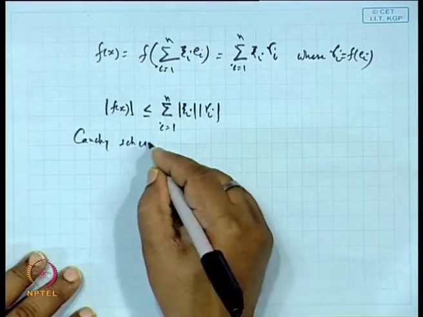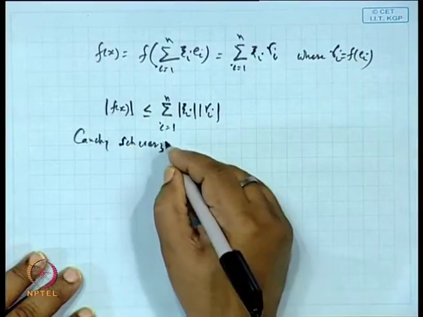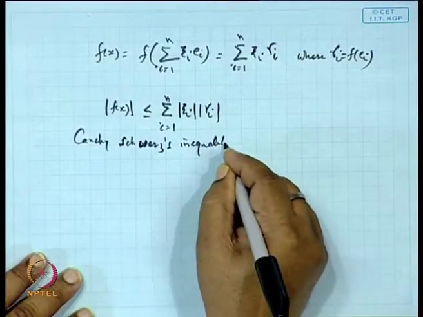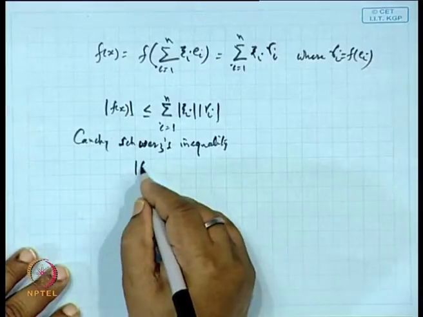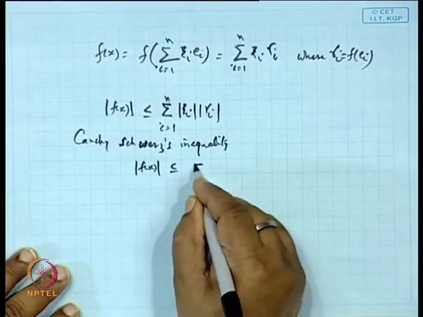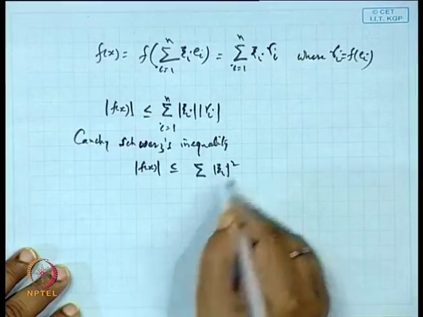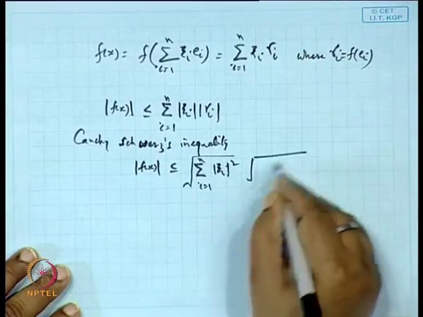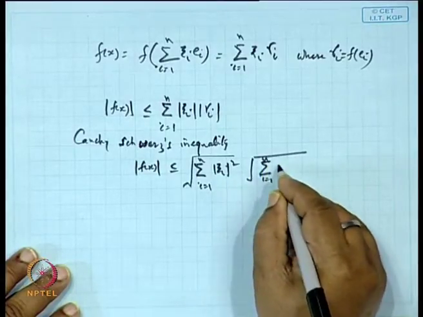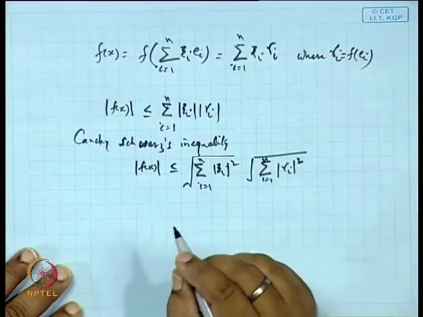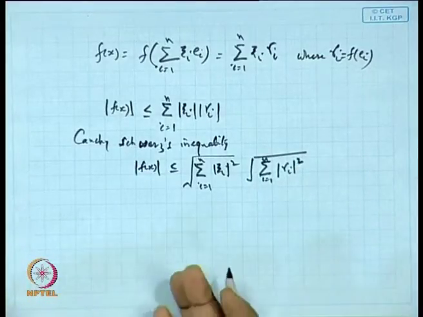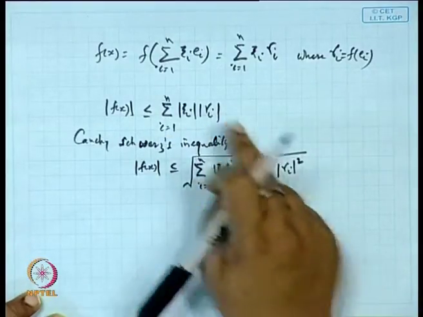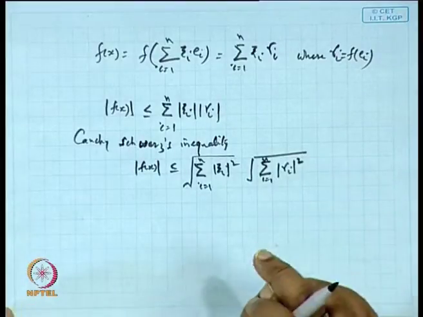By Cauchy-Schwarz inequality, we can say mod of f of x is less than or equal to the square root of sigma mod x_i square, i is 1 to n, into the square root of sigma i equal to 1 to n mod gamma_i square. Is it okay? By the Schwarz inequality, sigma of x_n y_n is less than or equal to sigma x_n square power half into sigma y_n square power half.